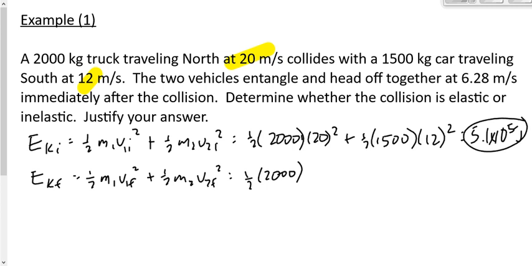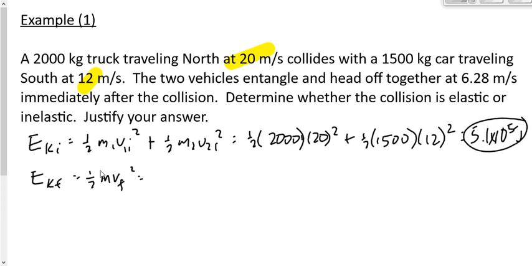Now my final kinetic energy is 1/2 of 2,000 times, oh wait, I'm messing this up completely here, right? How many objects do we have afterwards? So let's just call it 1/2 m vf squared.